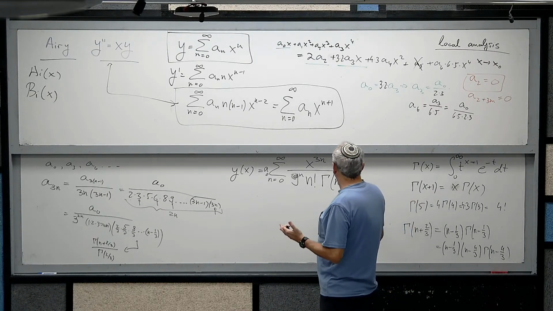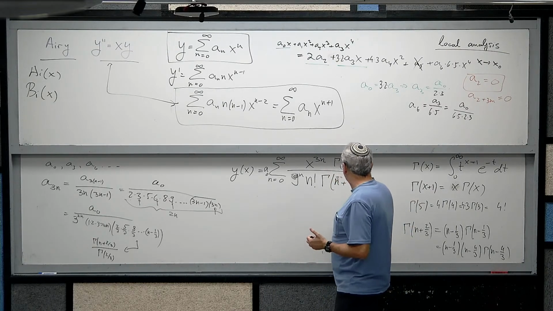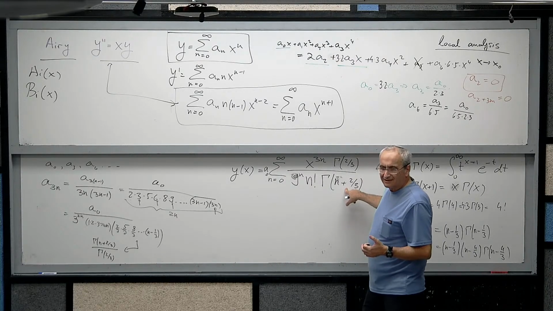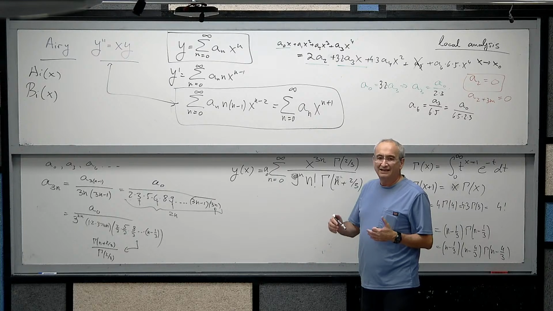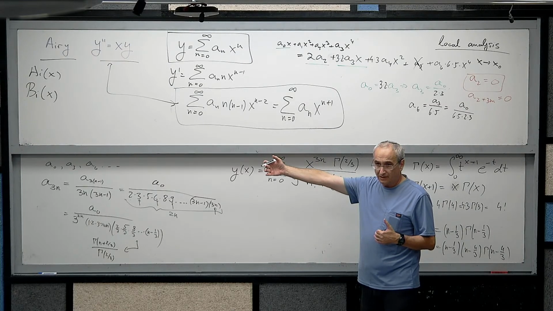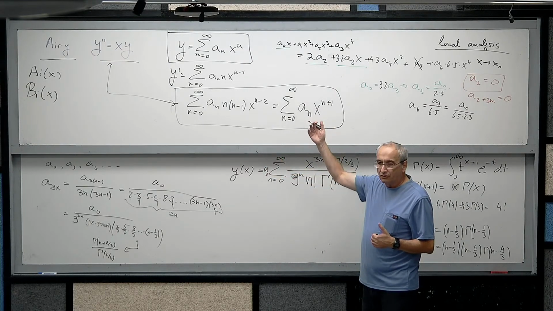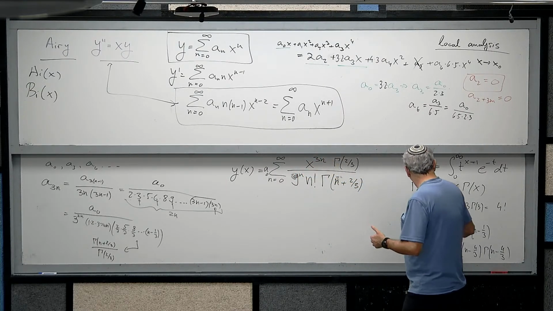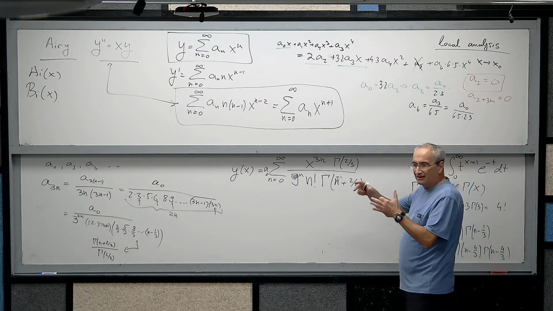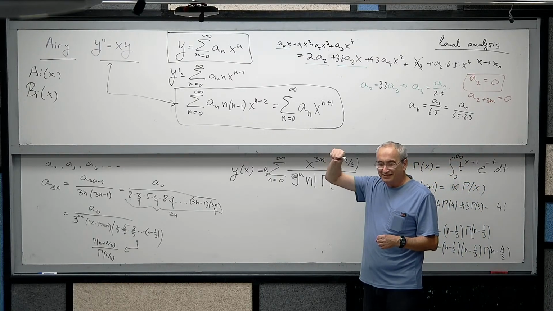We want to say as follows. The gamma function is some sort of a factorial. When n is large, it will behave like n factorial. Gamma of n is like n factorial, right? It's not exactly n factorial because it's not an integer, but the gamma function is continuous between the integers.